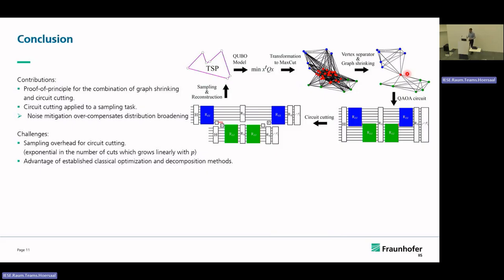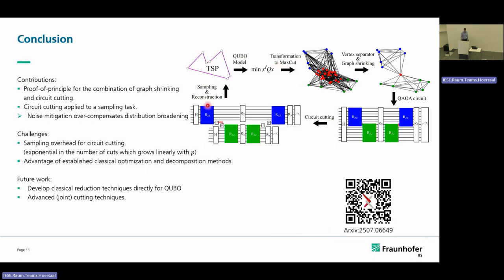So simply by fixing variables, you can do a classical decomposition, and that has, if you think about it, maybe even better sampling overhead. The point I want to make is that you have to really improve the cutting techniques in order to overcome this exponential scaling with the number of QAOA layers.